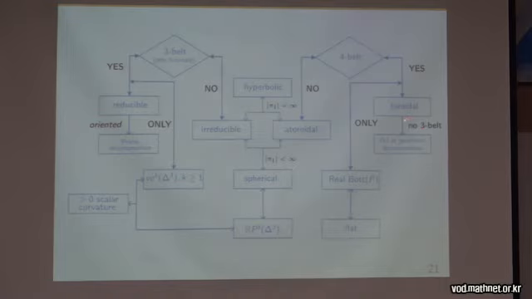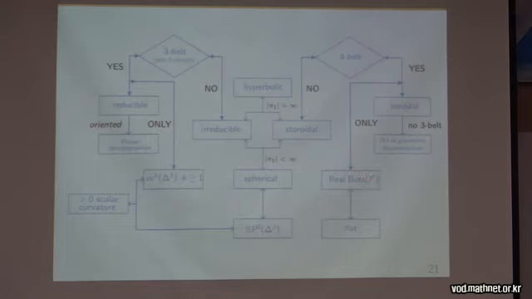Furthermore, if there is no 3-belt, then it is irreducible, and we have a torus or geometric decomposition for small covers. And if the polytope only has 4-belts, then we can prove that it is the cube.